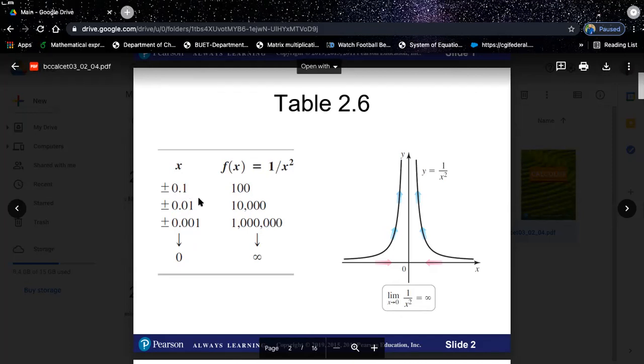So as we take smaller values going towards 0, the function value is getting bigger and bigger. If we move really, really close to 0, you can imagine the value will be really, really big, right? So how big can it be?